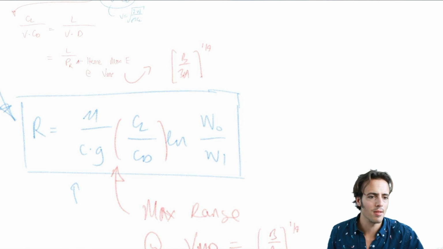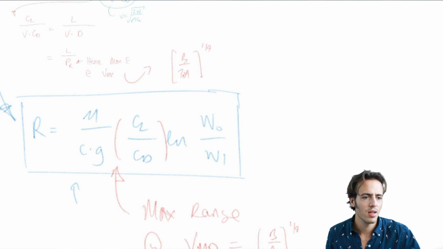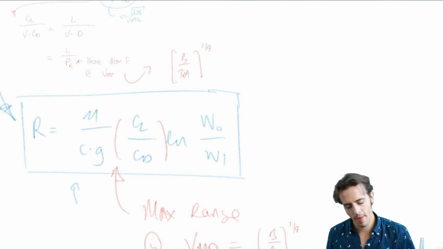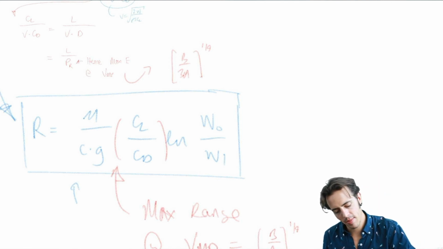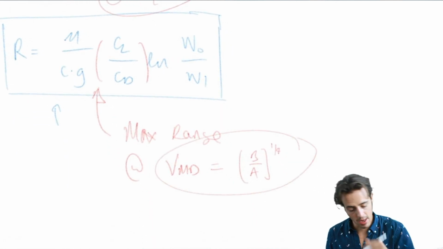The minimum power speed, I'm pretty certain is B on 3A to the quarter, but I just want to confirm. Yes, minimum power speed B on 3A. Okay, so our maximum endurance is given at B on 3A, maximum range is given at B on A.